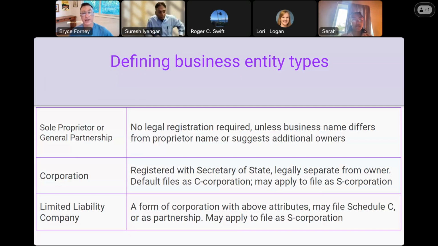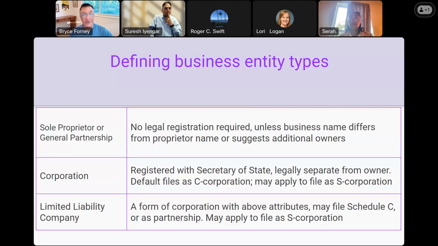If you have more than one owner, then you are by default a partnership. Again, no filing required, although it is now required in California, at least, for even a general partnership to file with the Secretary of State simply to get an account number that can be used for e-filing.